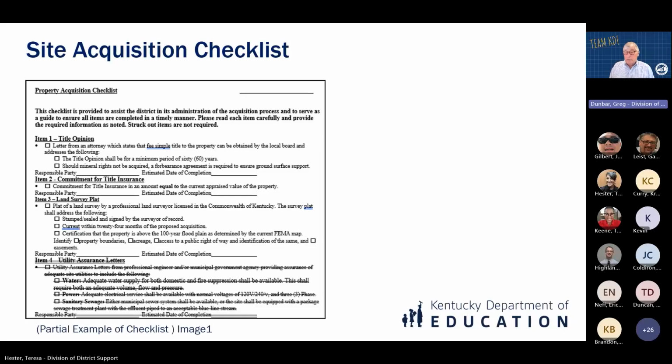In this case, it was for a parking lot within an urban area, so we felt like the utility assurance letters were not needed. So we eliminated that requirement when we sent the checklist out. The blank line at the top should be filled out by the district, what the district is and what the property address is.